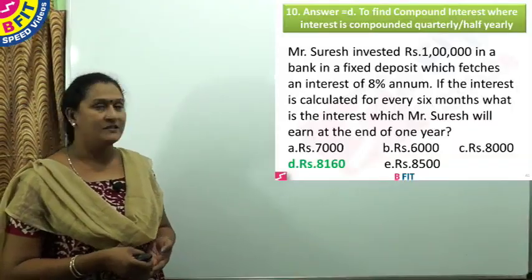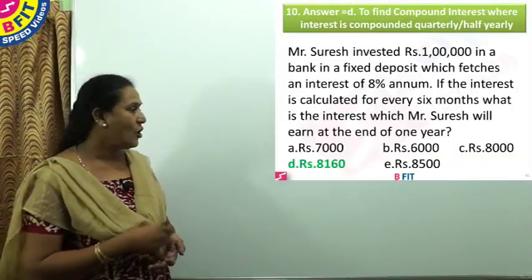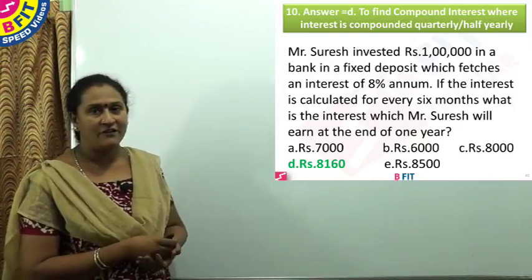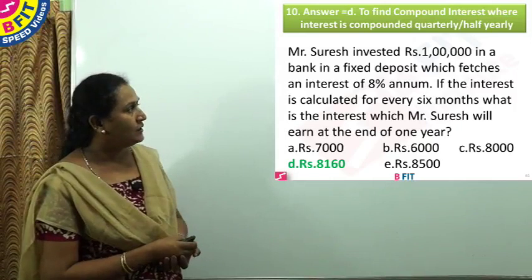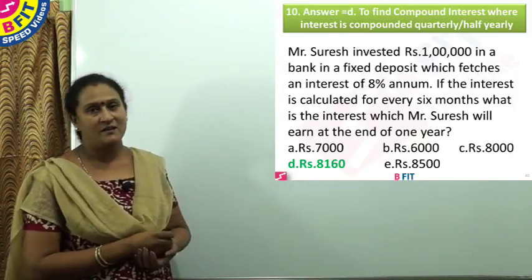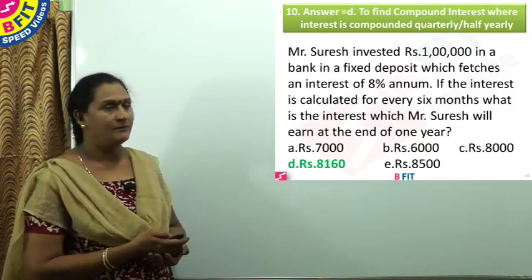So the answer is 8,160, option D. The compound interest calculated half yearly for 1 year on the amount 1 lakh at 8% is rupees 8,160, option D.